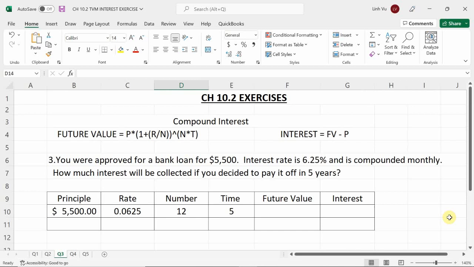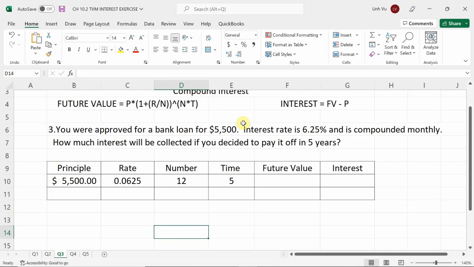So you got the future value, which is your principal times 1 plus the rate divided by the number of times compounded, raised to the number of times compounded times time, and the interest is going to be future value minus principal. So you'll be able to calculate this one, but let's actually figure out the steps that you need to take if you're going to be using Excel to solve for your future values.